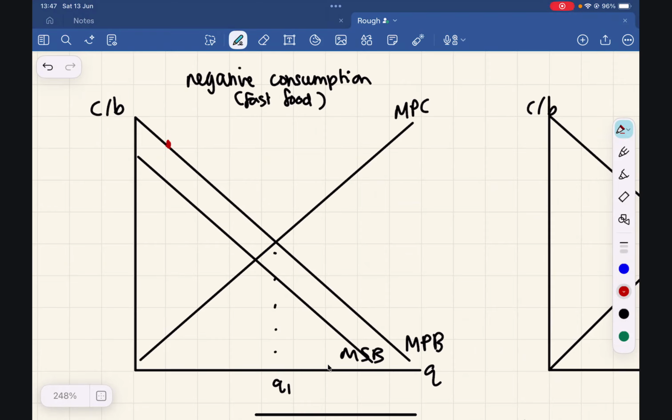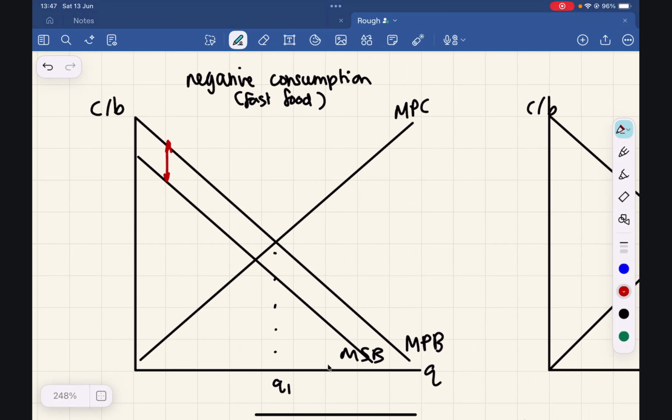Because the buyer eats fast food, there's a bit more of a strain on the NHS. So the social benefit is slightly lower, because the social benefit factors in, cool, these guys enjoy their McDonald's, but there's a strain on the NHS, so we just have to drop it.